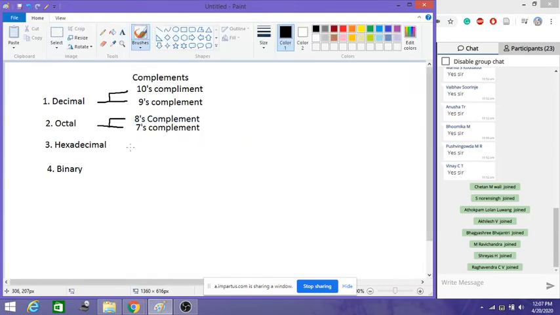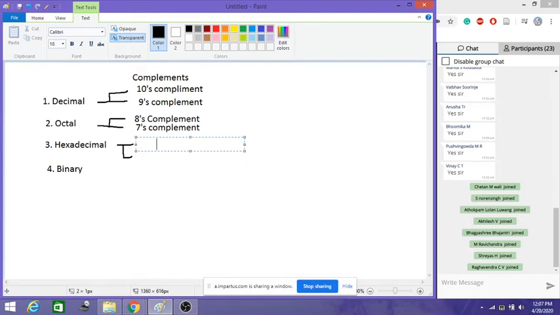Likewise, hexadecimal has 2 types: the 16's complement and the 15's complement.